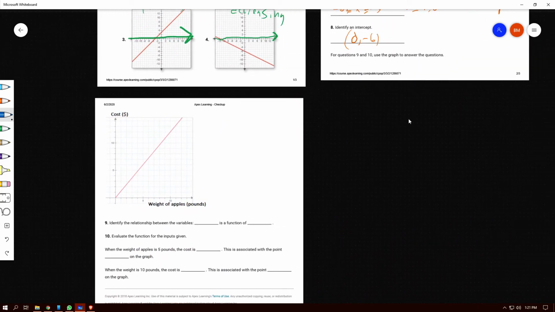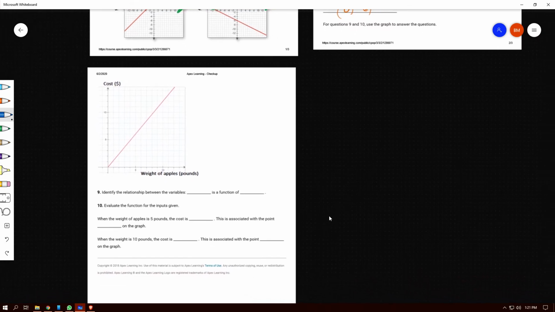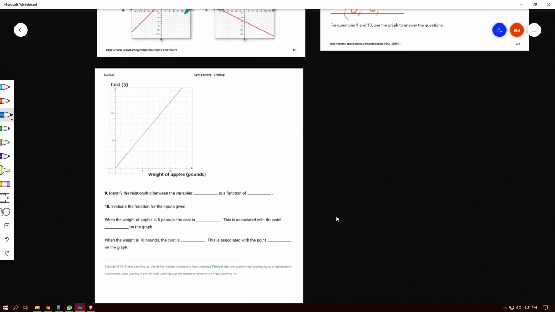Use the graph to answer the following questions. All right, so identify the relationship between the variables. What is a function of what? Well, the weight of the apples in pounds is on the x-axis, and then the cost is on the y-axis.